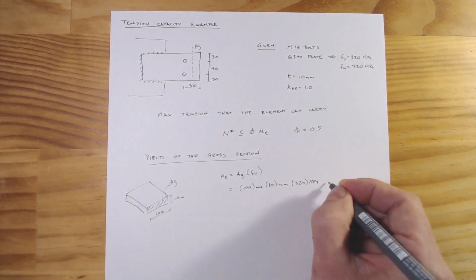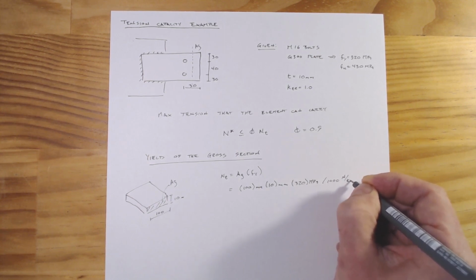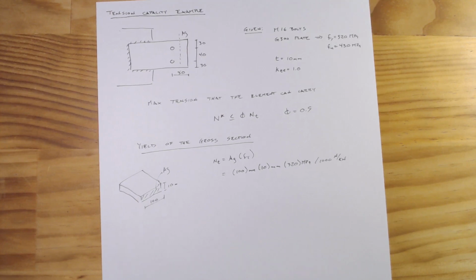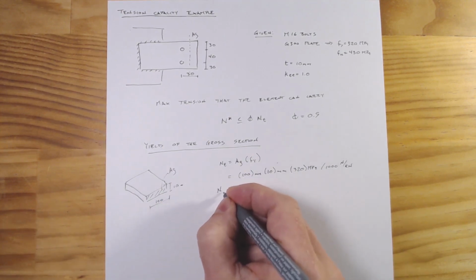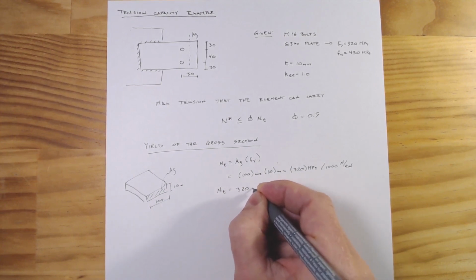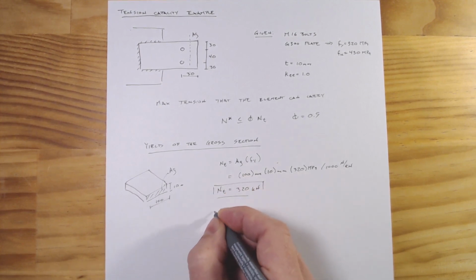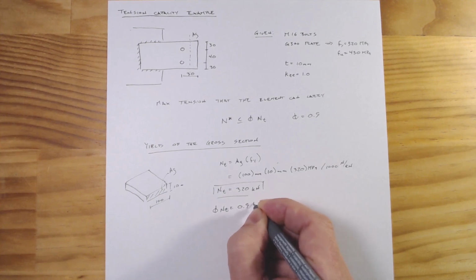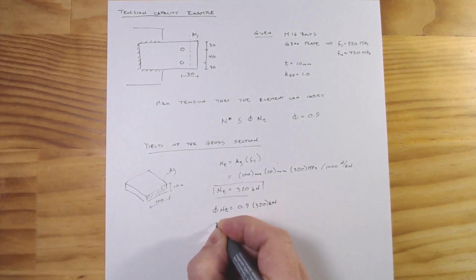And then we need to divide by 1,000 newtons per kilonewton, because in structural engineering we tend to work in kilonewtons and not newtons, given the size of the demands we have. And so Ns of t equals 320 kilonewtons, and phi Ns of t equals 0.9 times 320 kilonewtons.